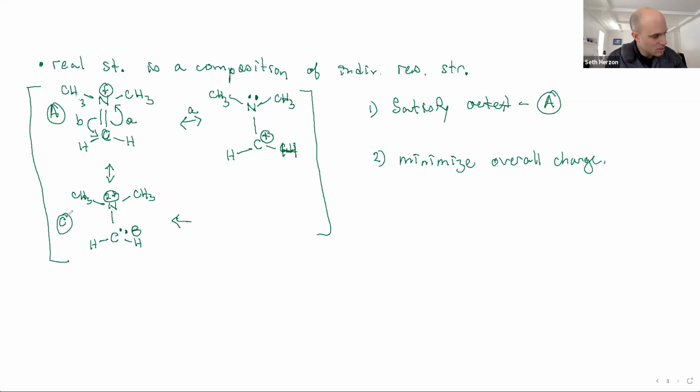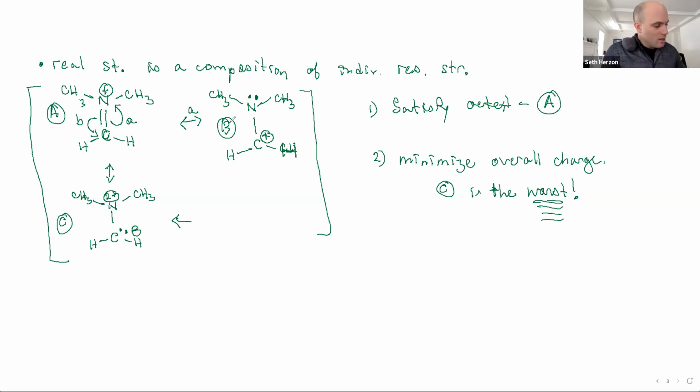We can see that in structure C, I've got 3 charges, right? I've got 2+, 1-. I've maximized overall charge, right? And so C is absolutely the worst. Okay, A and B, one on the right there, are sort of comparable in their charges.